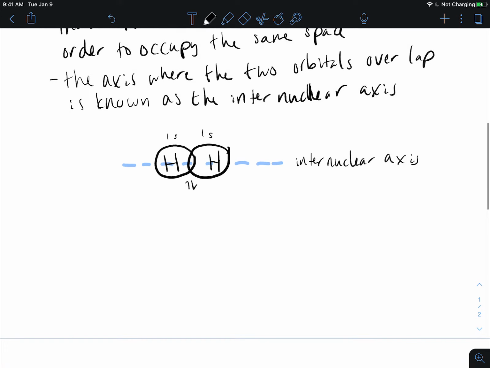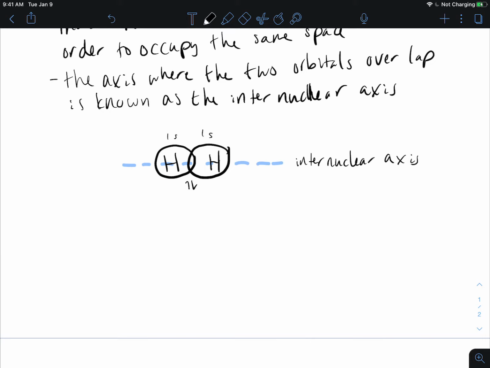When we think about bond formation, we think about it as a balance between repulsive and attractive forces. So we've got a lot of charges going on. We've got positive charges from our nucleus, our protons within our nucleus, and we have negative charges from our electrons.